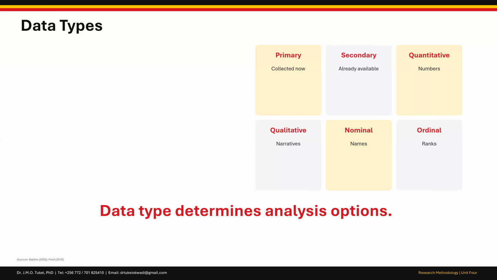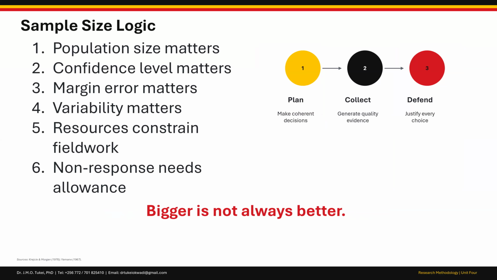Colleagues, when you talk about data collection methods, I want you to be able to understand this very well. But before we look at that, let's first look at this word. Bigger is not always better. What did I mean? Don't think of studying everyone. At least try to determine a sample.